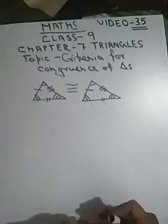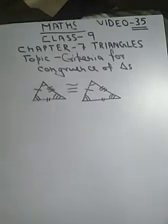But the question is, how will you prove two triangles to be congruent? So here we are going to discuss this, and I'll show you some demonstration by which you can do the practical of this criteria of congruency of triangles.